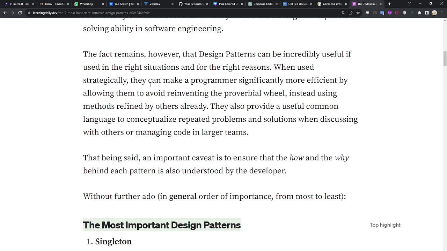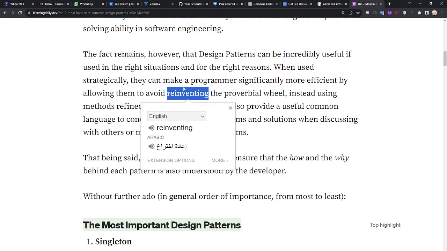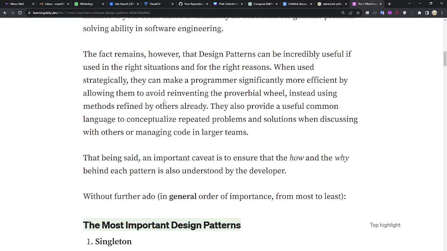strategically, they can make a programmer significantly more efficient by allowing them to avoid reinventing the proverbial wheel.